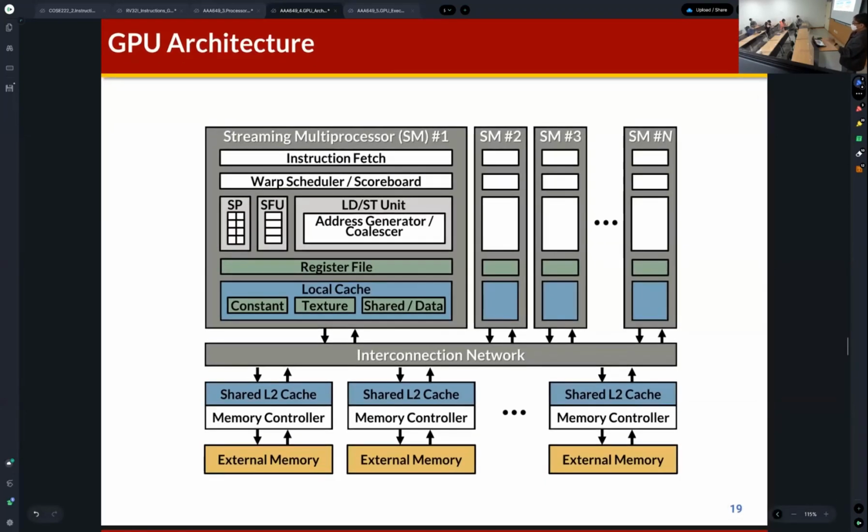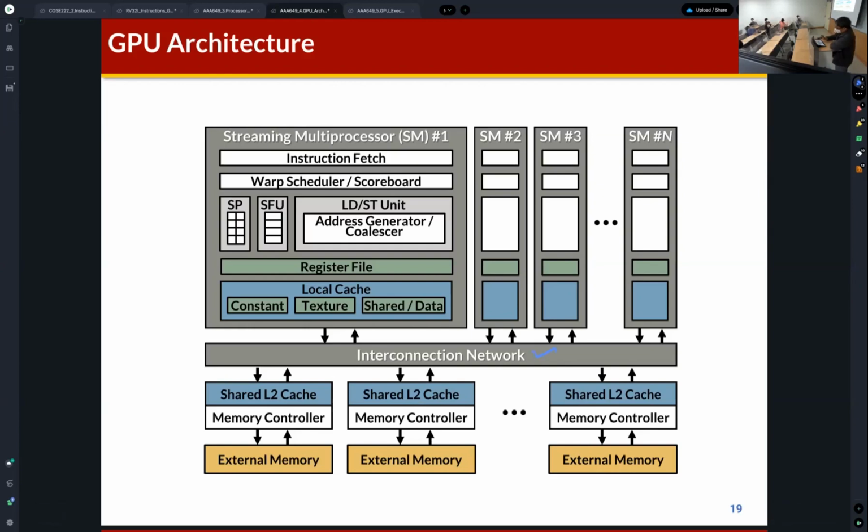This is the basic GPU architecture. What is different? What is similar? We can find the interconnection network here.